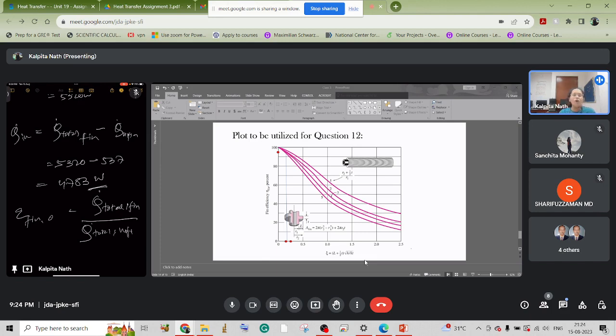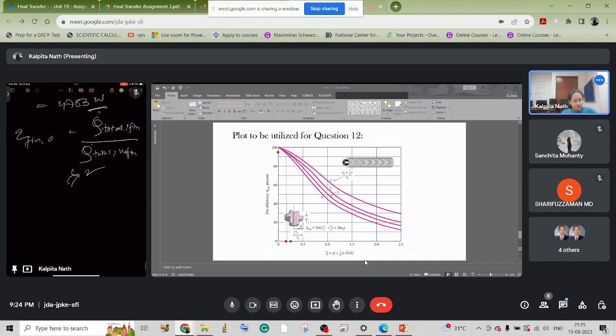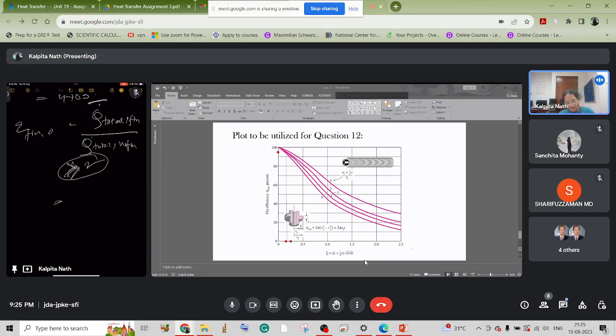That is how much the fins have helped us extract heat from the pipe. It must be greater than or equal to 2; only then will we say okay, fabricate the fin. Otherwise the cost of fabricating won't be covered by the heat extracted. So 5320 watt upon 537 watt is equal to 9.9.